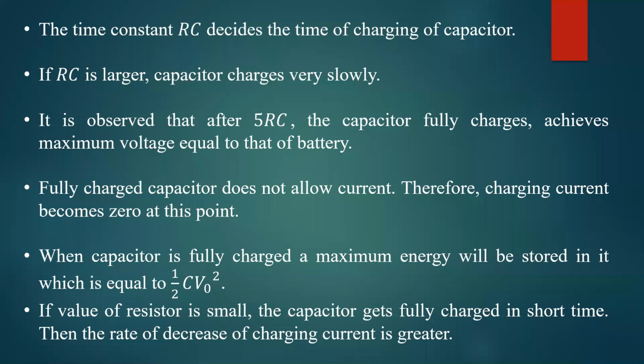Current decreases faster, whereas charging of the capacitor will be done quickly if resistance is smaller. That is how you can charge the capacitor in a quick time by connecting a small value of resistance. This is about the charging of the capacitor and its analysis.